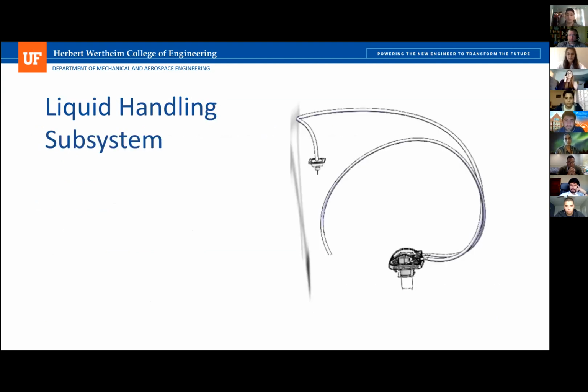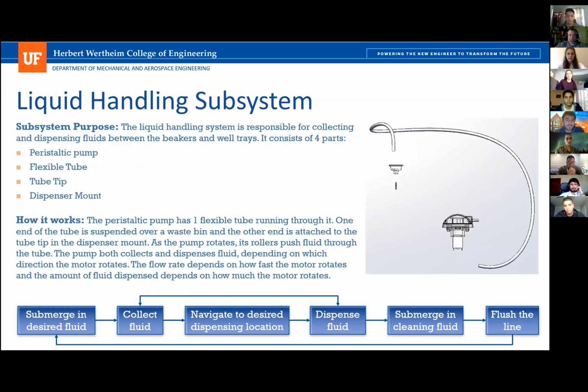So I'll be talking about the liquid handling subsystem, if you want to go to the next slide. The purpose of the subsystem is to collect and dispense the various fluids between the beakers and the well trays. It is a quite simple system. It only consists of 4 parts. The main component is a peristaltic pump, which requires a single tube to run through it.